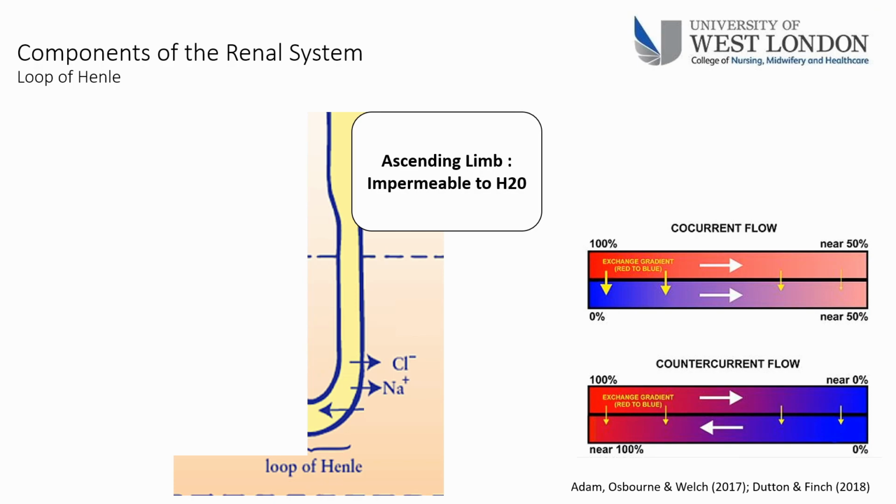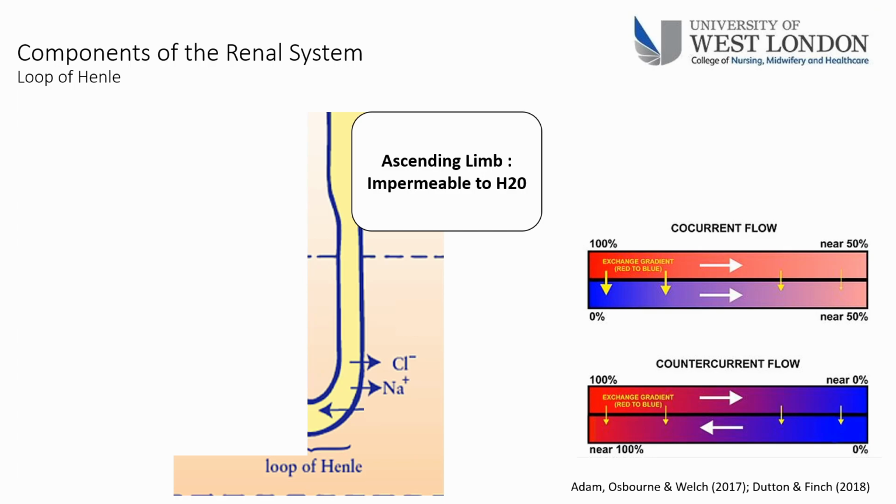You have the sodium going across the gradient first, creating a positive electrochemical charge in the blood, allowing chloride ions to be reabsorbed back into the blood via the electrochemical gradient with no osmosis.